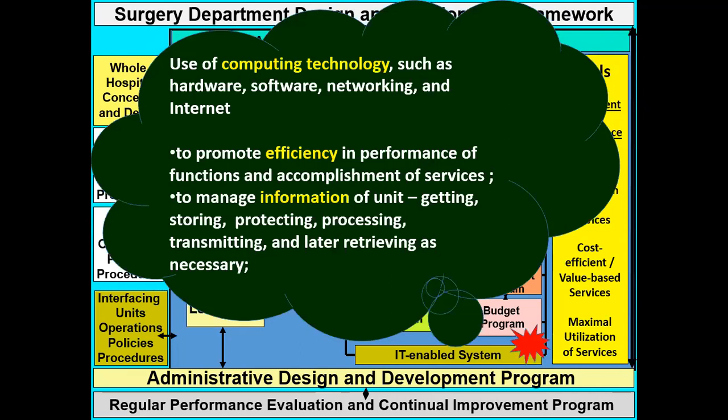IT-enabled system: the document showing the use of IT, number 1, to promote efficiency in the performance of functions and accomplishment of the services. Number 2, to manage the information of the unit in terms of getting the information, storing, protecting, processing, transmitting, and later retrieving as necessary.